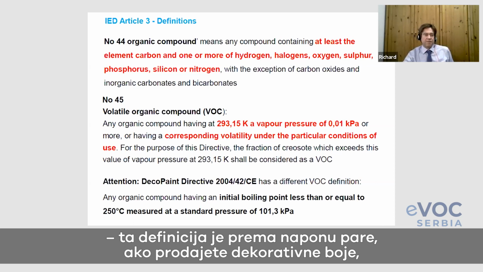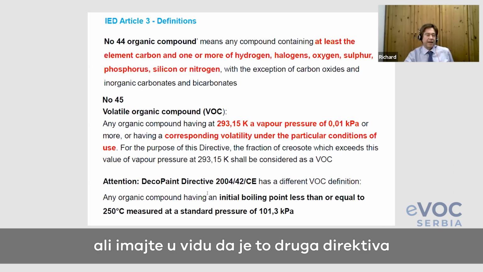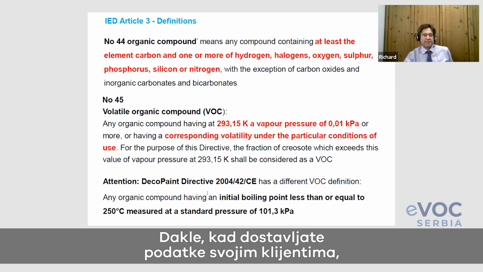But very often, if you sell decorative paint, you will declare as a paint manufacturer a VOC content that is based on the definition in the Deco Paint directive. But keep in mind, that's a different directive. There, the VOC definition is based on the boiling point and not on the vapor pressure.